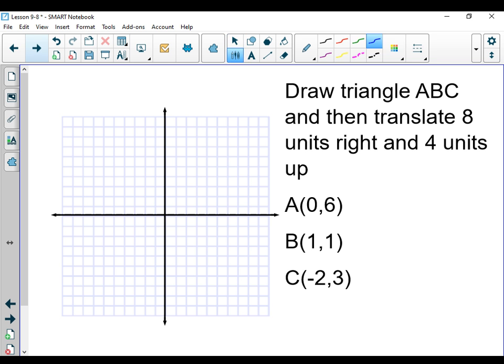Nice job. Over none, up 6. Mason, how am I going to find B? Up 1, to the right 1. Good. Preston, how about C? Left 2, up 3. Thank you.